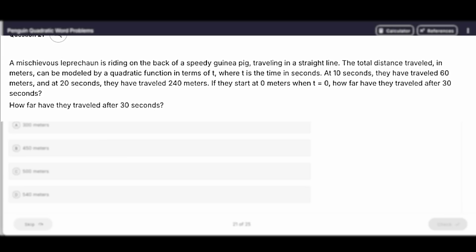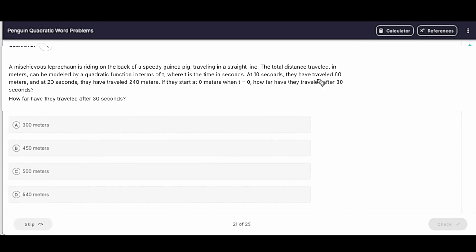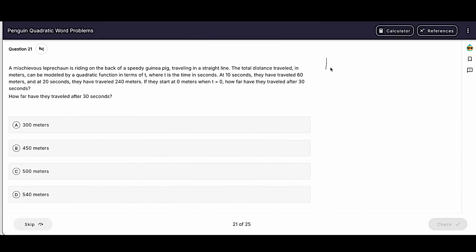And it is also giving us some information about certain points in time and how far they have traveled. It looks like they're giving us 2 points. So the first point would be 10, 60, because remember, time is our X and meters is going to be our Y, since we're trying to calculate how far they travel, right?